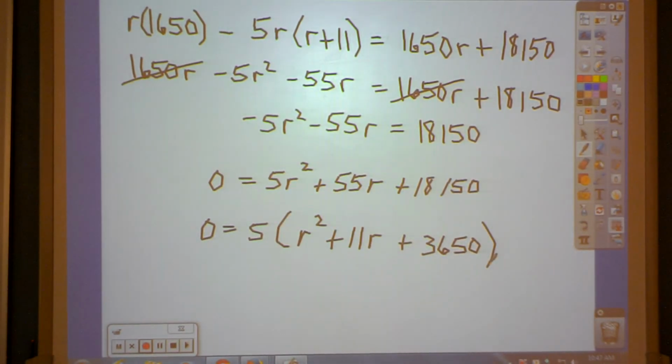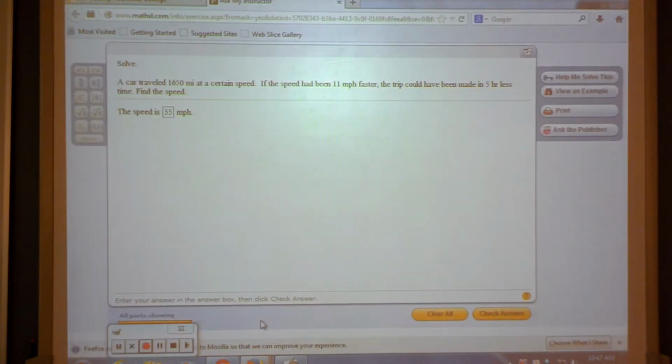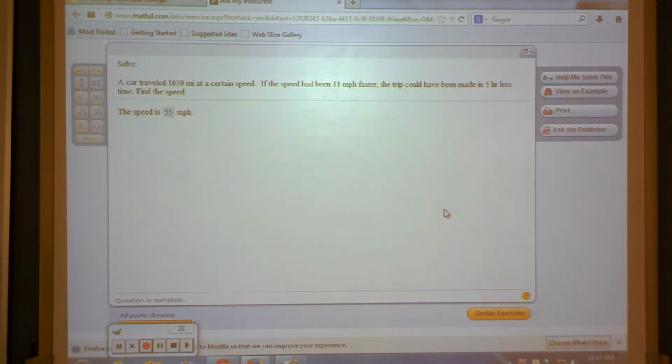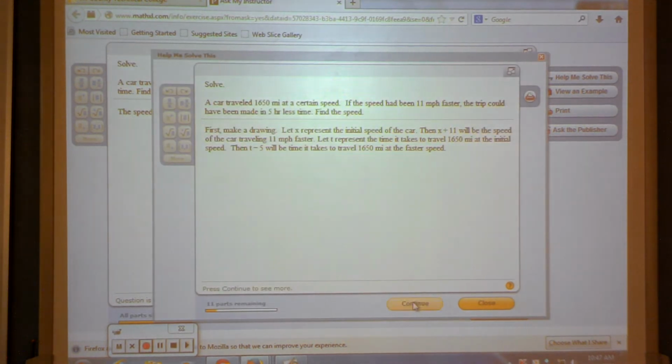I figured I would find. We came up with 55, didn't we? 55 and negative 66. Let's see what they come up with. We got it right. Problem is, I'm gonna see what they did. Let's solve this.